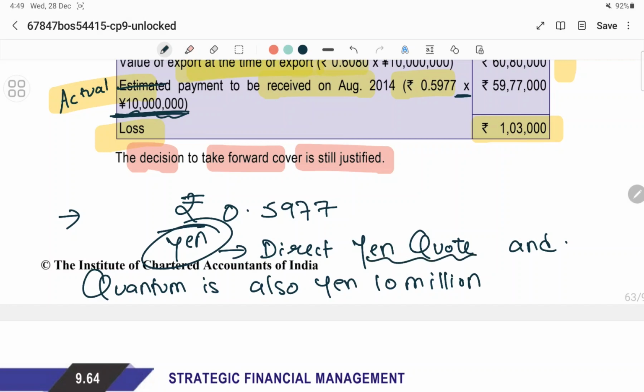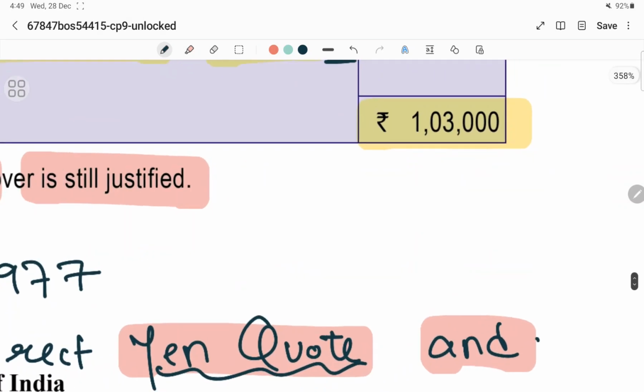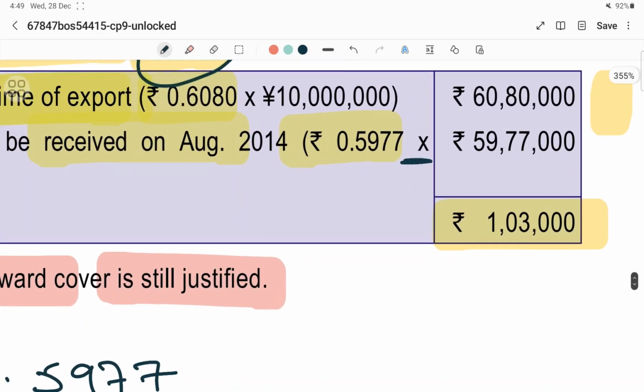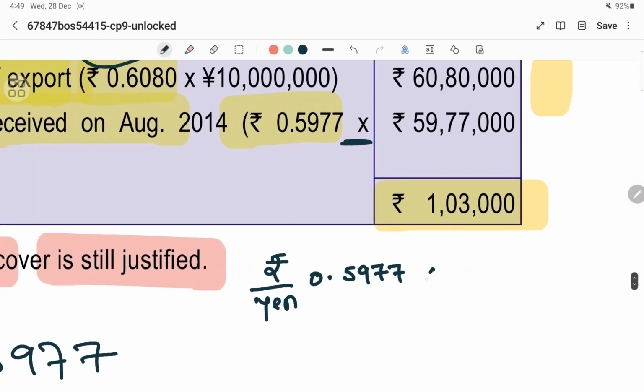So if you see, the yen quote and the quantum are both yen, hence we have to multiply. And when you multiply this, where do we solve this? Here, let's do this again. This quote, rupee upon yen 0.5977 multiplied by yen 10 million.